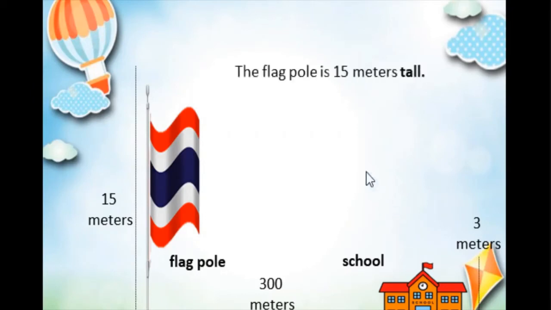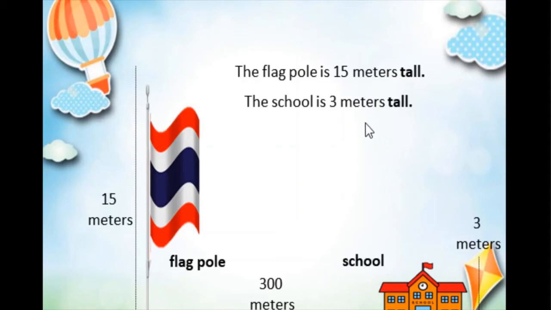First, the flagpole is 15 meters long. Oh, tall. Again, the flagpole is 15 meters tall. Second, the school over here, the height is 3 meters tall. The school is 3 meters tall.